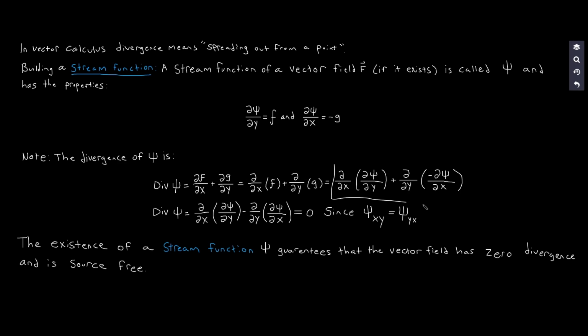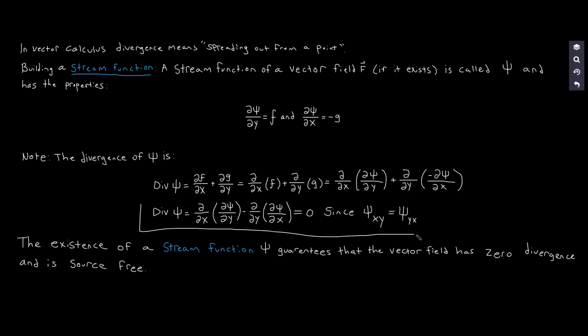But then watch how it changes. It turns into the partial derivative with respect to x times the partial derivative of psi with respect to y, plus the partial derivative with respect to y times the negative partial derivative of psi with respect to x.